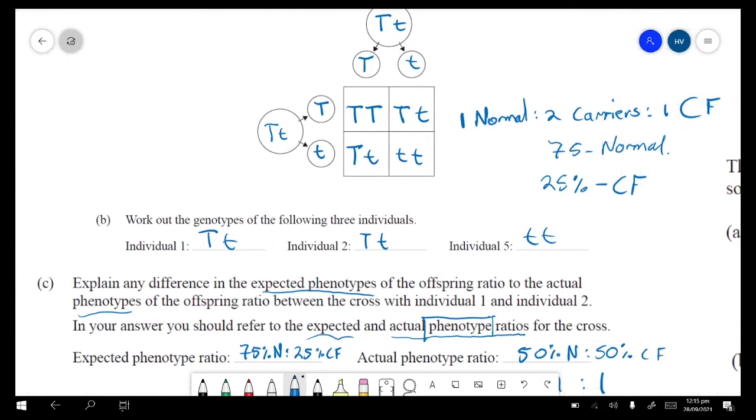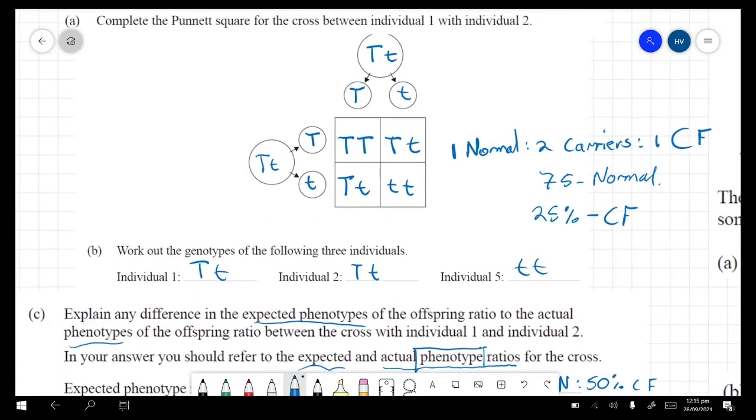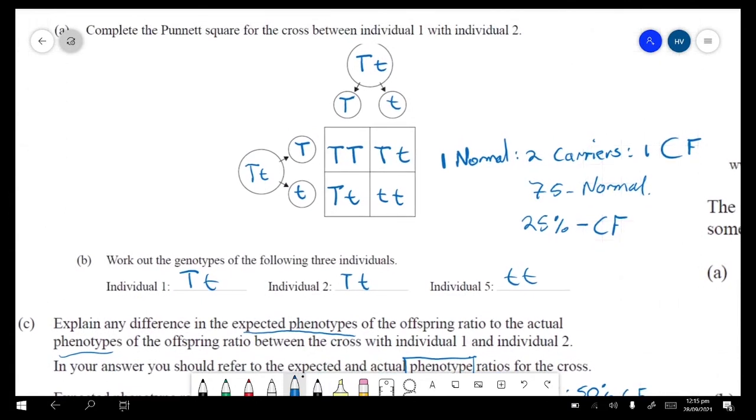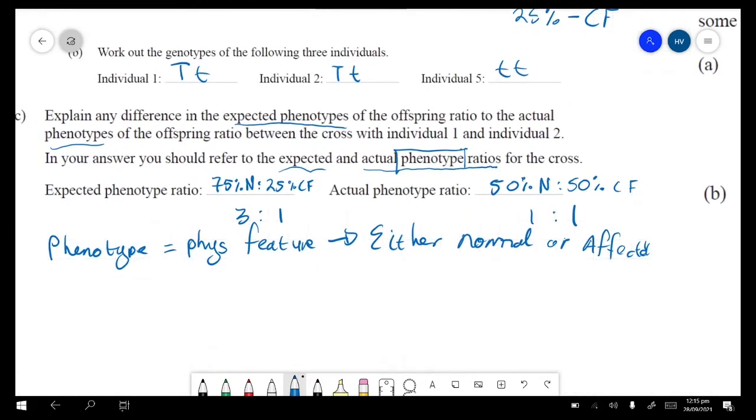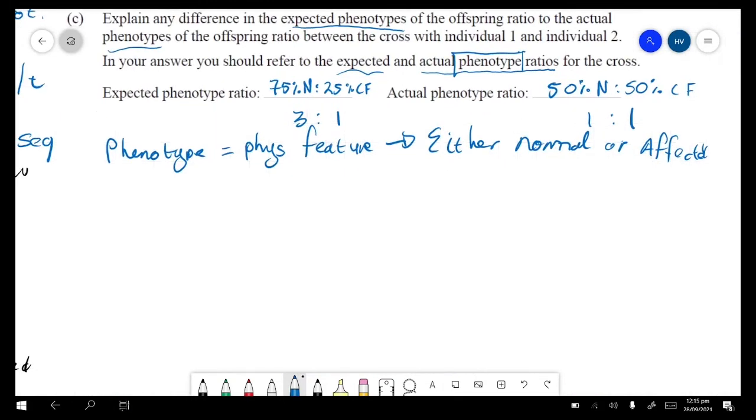It doesn't look at the total kids. Okay, so every time there's a fertilization between these two individuals, there's a 25% chance of producing an offspring with cystic fibrosis.